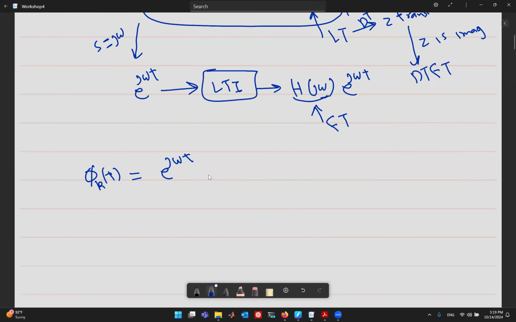And we will write our signal, any periodic signal, this way: the sum from k equals minus infinity to plus infinity of some constant times those eigenfunctions, exponential j omega t.